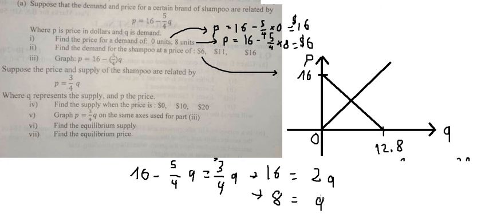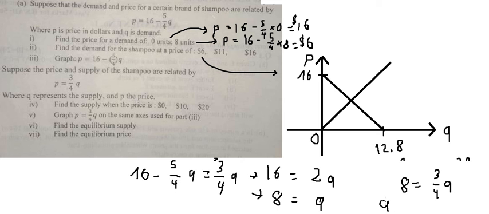And this is the price of equilibrium. Now let's go to find supply in here. After we got number 8, we put number 8 back in here. So we can find the quantity.